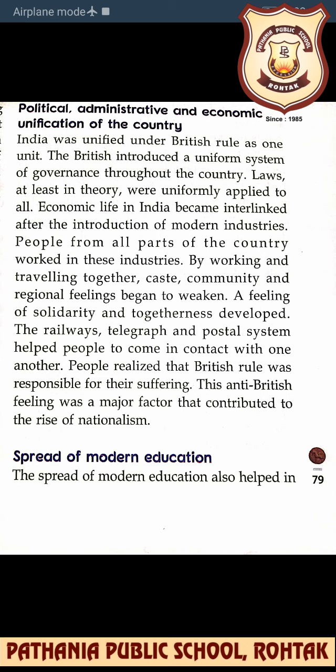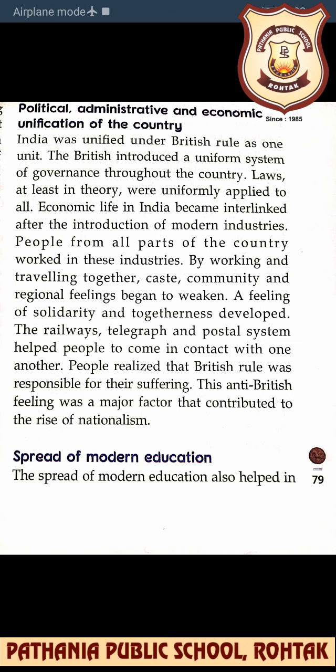Beta, when you come closer to each other, harmony is created among the people. So a feeling of solidarity and togetherness developed. The railways, telegraph and postal system helped people to come in contact with one another.